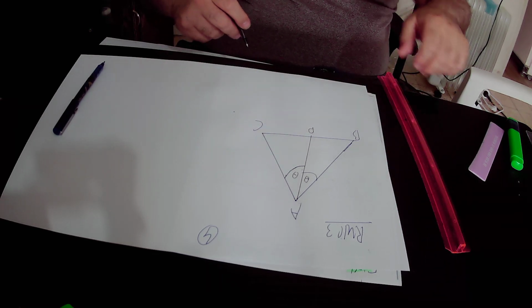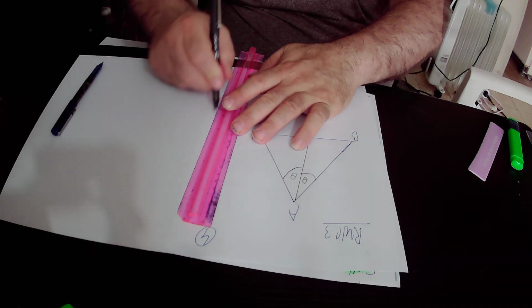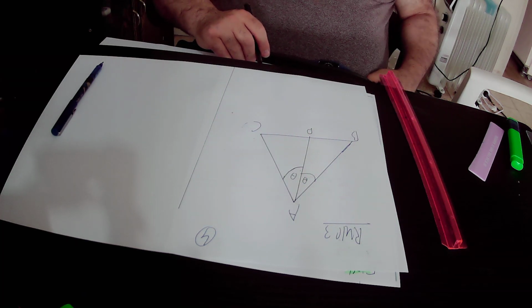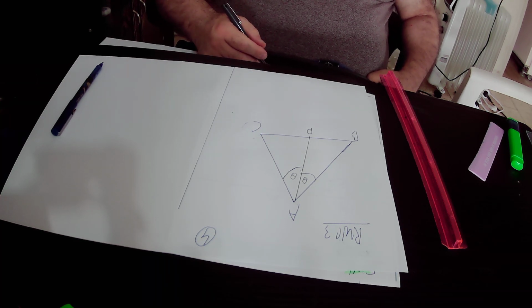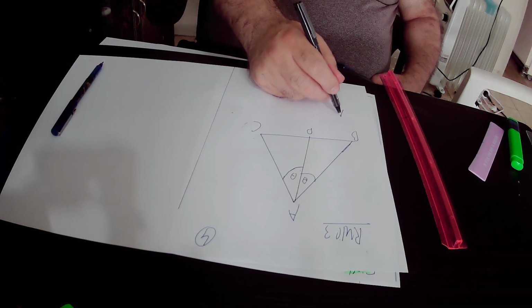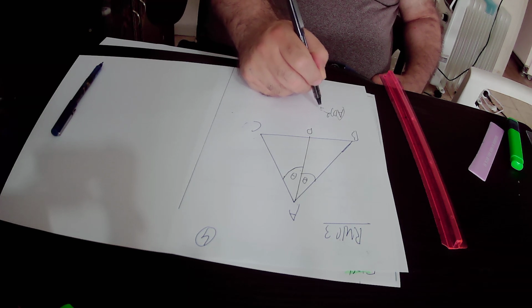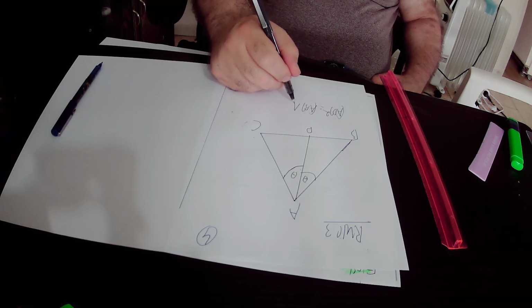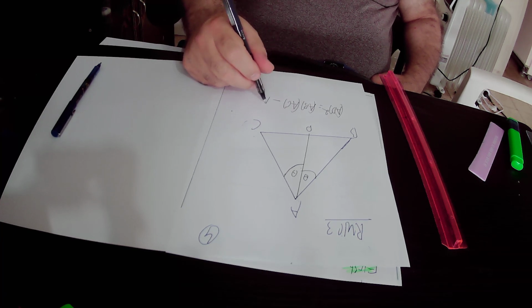And according to rule number 3, because triangle ABC could be any triangle, in triangle ABC we have the angle bisector AD. According to rule number 3, the following equation is true, that AD squared equals AB times AC minus BD times DC.